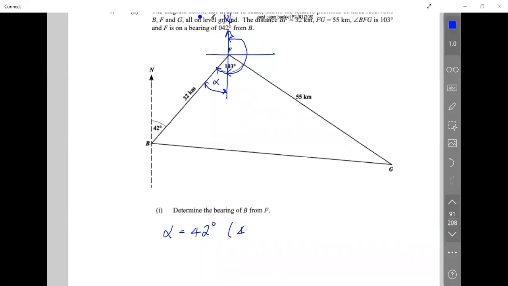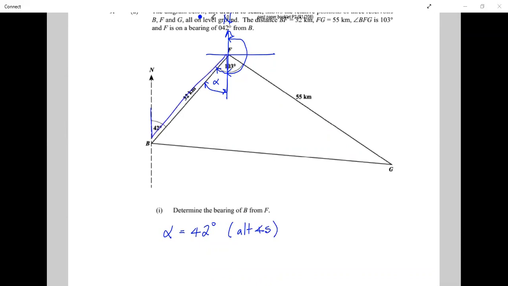And the reason for that is that they are alternate angles. So the angle alpha is equal to 42 degrees. They're alternate angles, which are Z angles. Everybody should be able to see that.